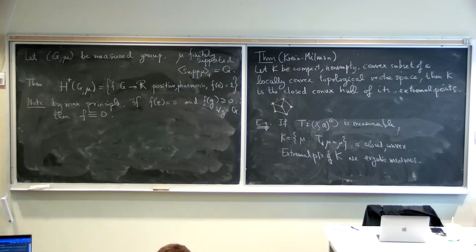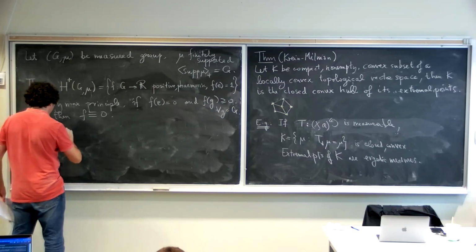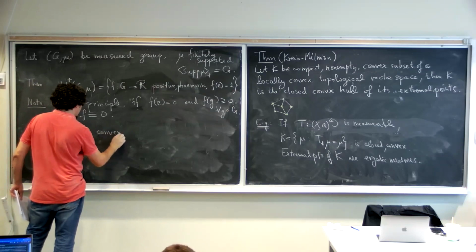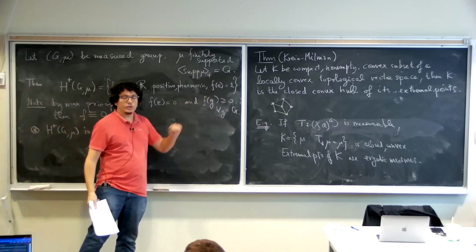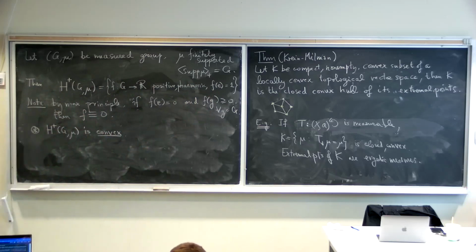Okay, so this H plus is convex. This is clear, because if you take a convex combination of positive functions, it's positive, f of the identity is 1, and the harmonicity condition is linear.